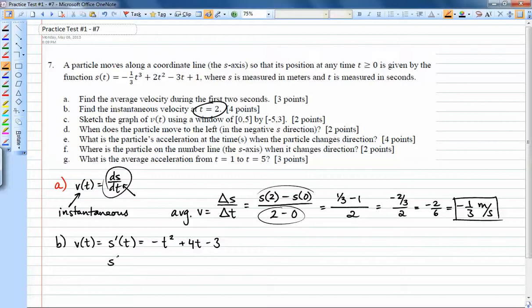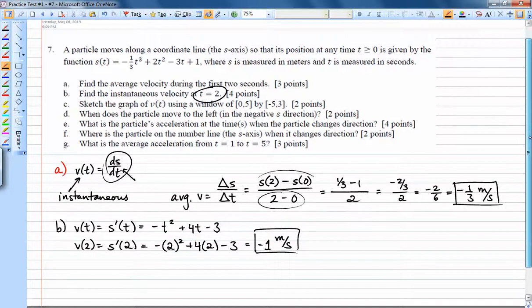And we want the velocity at 2 seconds, so I'm going to plug in 2 into s prime. That's negative 2 squared plus 4 times 2 minus 3, and that ought to come out to be negative 1, and units, meters per second. Okay, so that's part B.